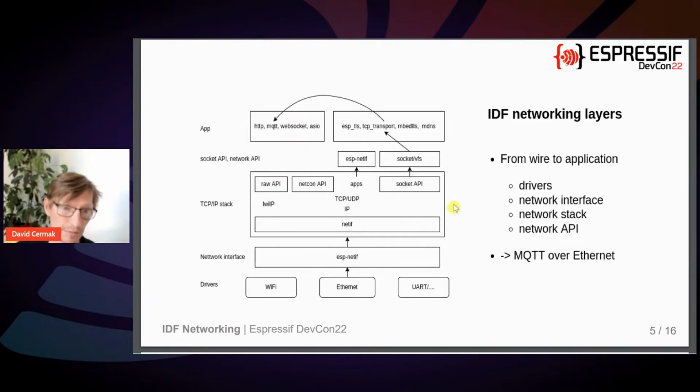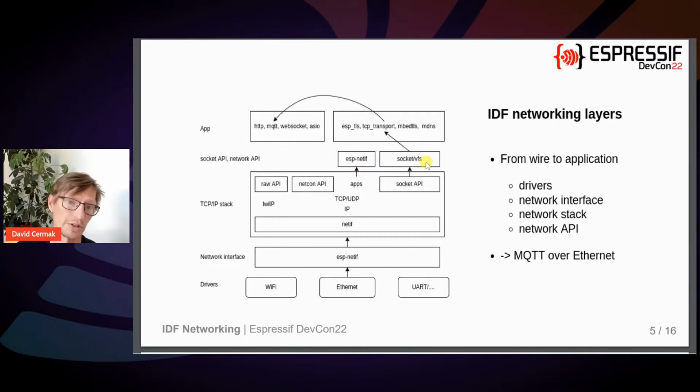Around the TCP/IP stack, from both sides, you can see this ESP-NetIF. The ESP-NetIF layer here takes care of routing the network interfaces to drivers, and here it also looks at some applications like DHCP server, DHCP client, DNS, and talks to the IDF system to keep it updated.